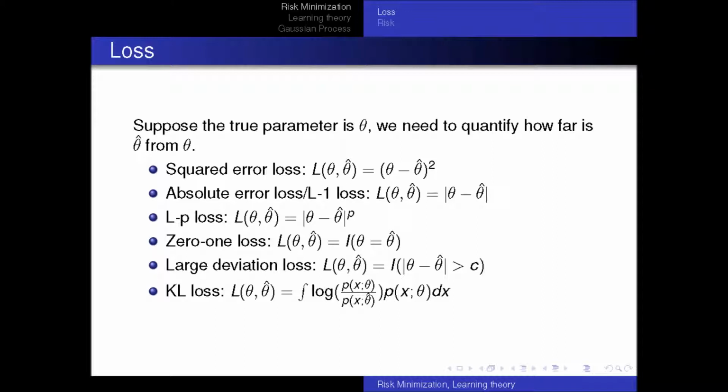The large deviation loss is like a step function. Either theta minus theta hat less than minus c or bigger than c will make the loss become 1. Otherwise, it's 0. And I think you should remember the loss for SVM is something like this.